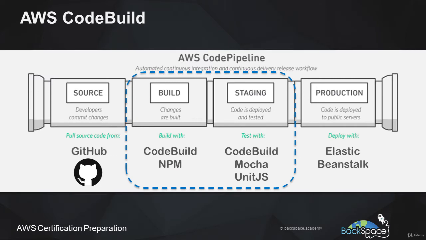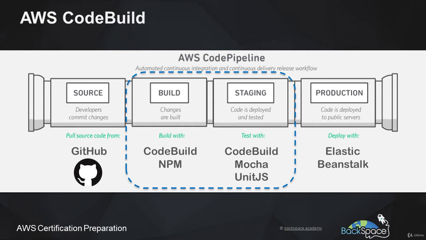So this is what it's going to look like. We're going to have our pipeline, and as we've done in the past, we're going to have a source repository with our code in GitHub, and we're going to have our environment as an Elastic Beanstalk environment. But we're going to introduce a build and test process, or build and staging process, there.